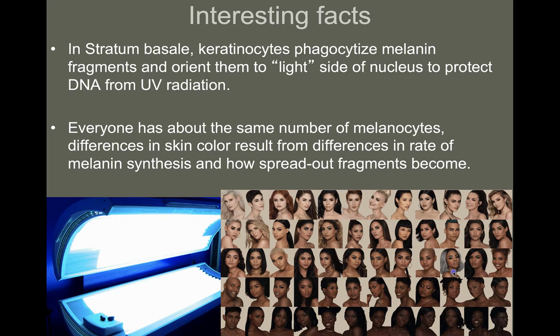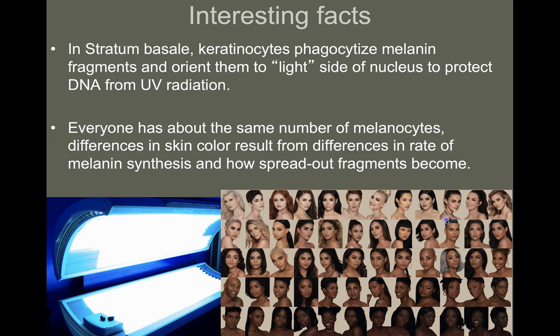One of the most important pieces of information that you're going to want to walk away from with this is that if you look in the bottom right corner, we have a diversity of skin tones here. And everybody in this image has about the same number of melanocytes in that stratum basale.